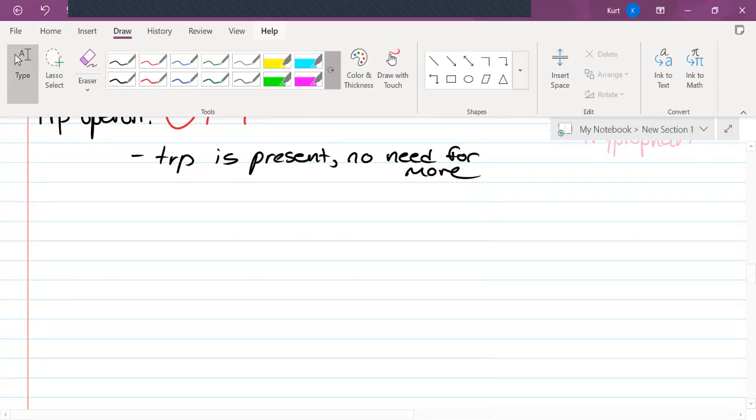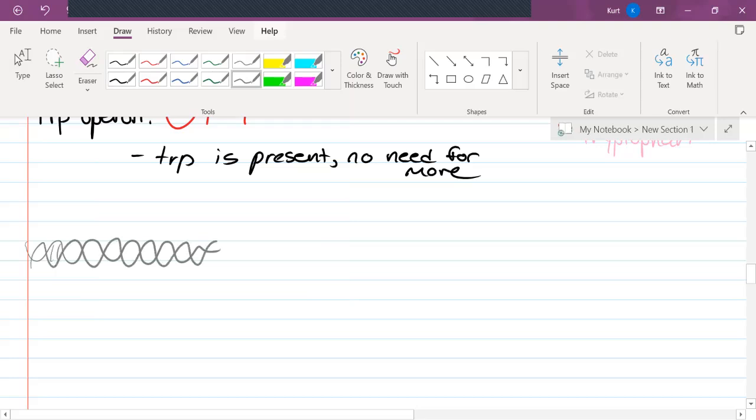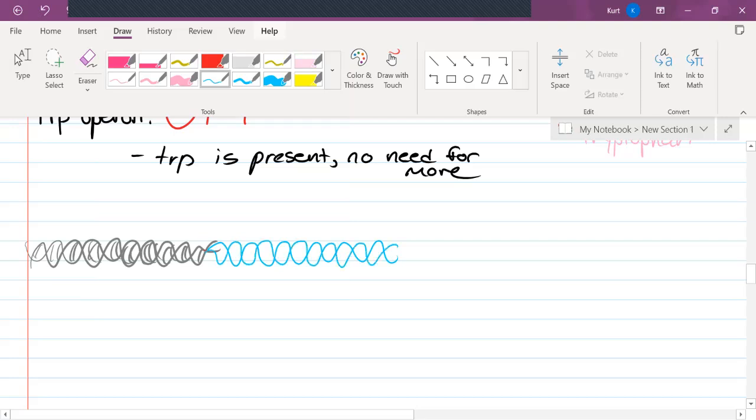All right, so let's redraw everything, guys. This will take just a moment. Remember, what I'm drawing is the DNA of the bacteria.